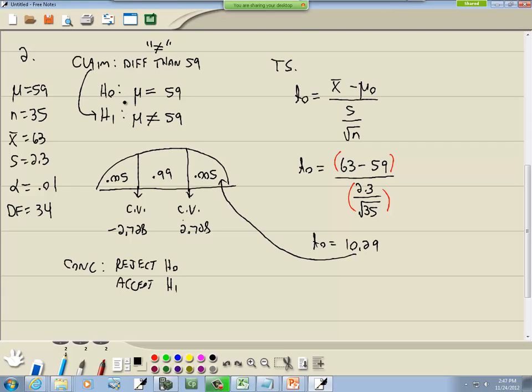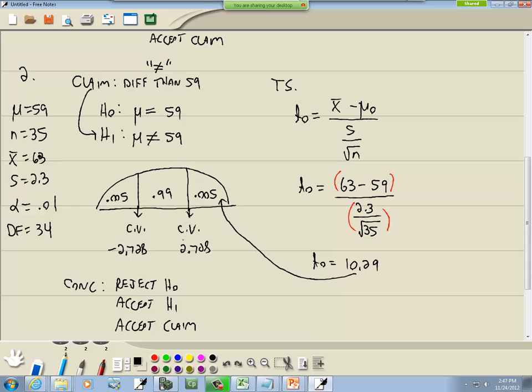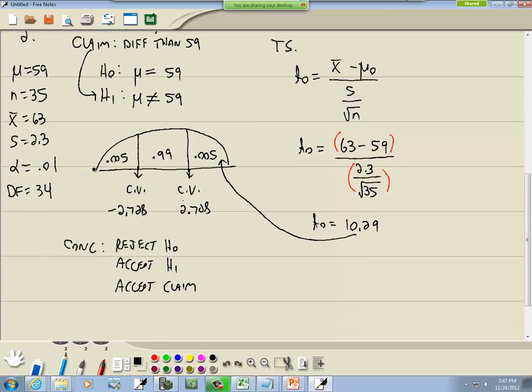Since our claim matches H1, that means we'll accept our claim. Whatever we say about H1 is what we say about our claim. And pretty obviously it's different, 63 from the 59, but it's significantly different. That's what the question was.